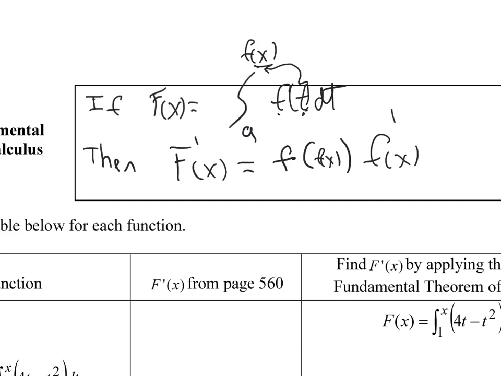Probably should have done it better than that. Let me write it with two separate. The two f's are kind of in my way. Let me just do it nicer.